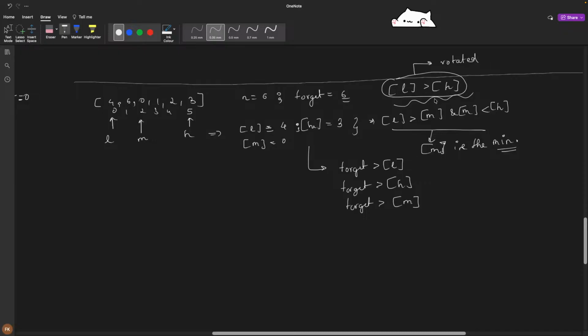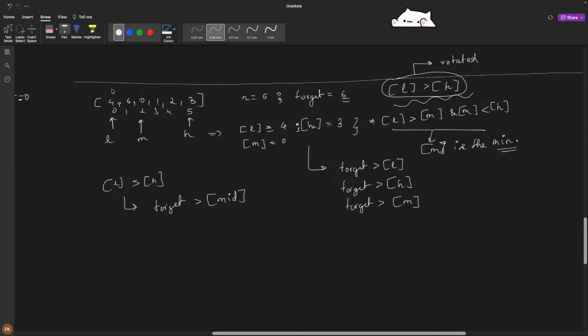If it is rotated, for example, and our target is greater than mid, then obviously it's on the left side. If it is rotated, then L is greater than H, and we see target is greater than mid.